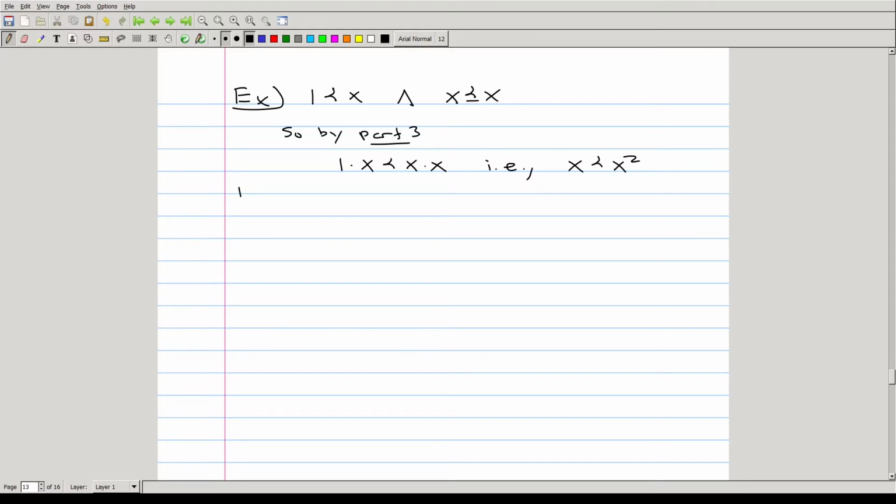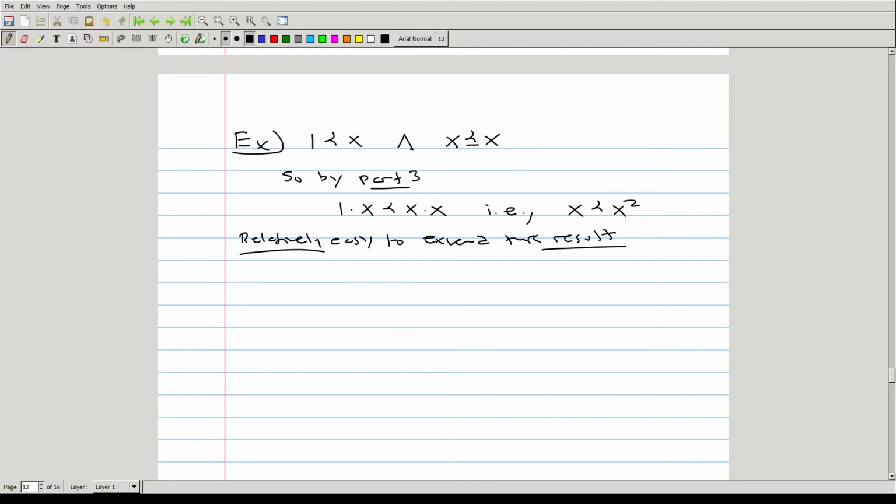And it's a relatively easy extension to do a proof by induction. It really just amounts to, in the inductive step, repeatedly applying the theorem from part 3 to get that for all n in Z plus, the function x to the n is strictly dominated by x to the n plus 1.